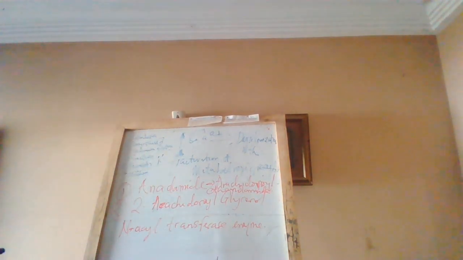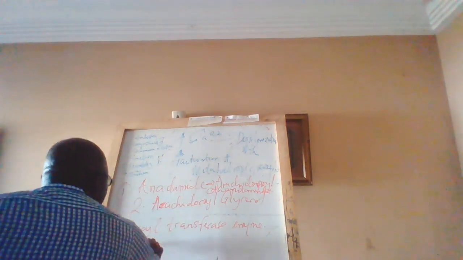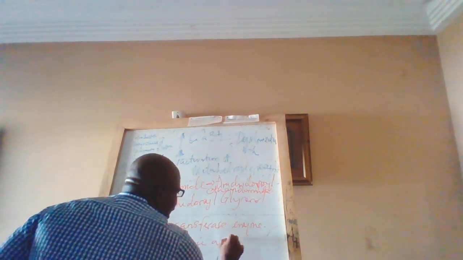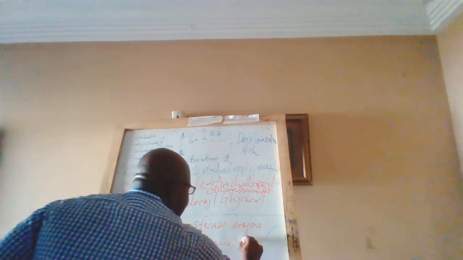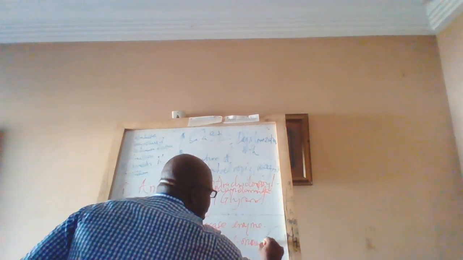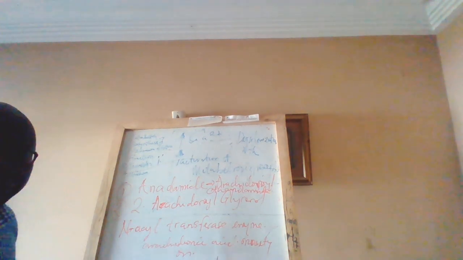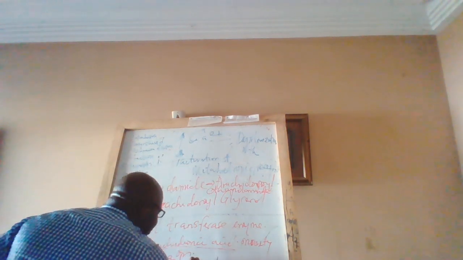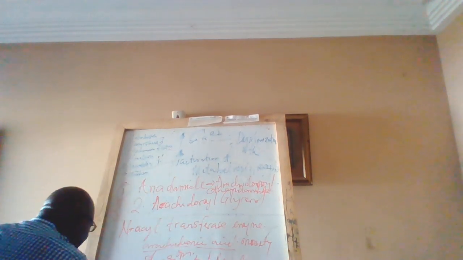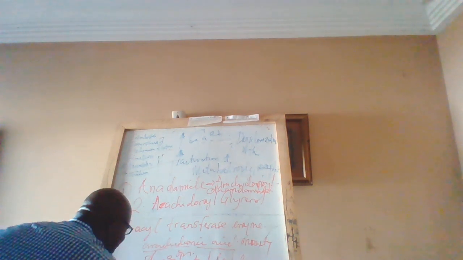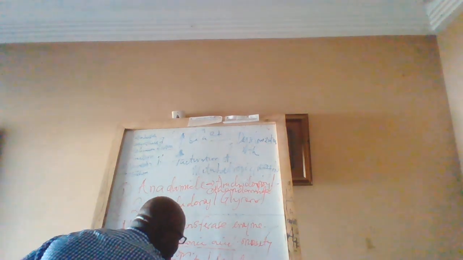N-acyl transferase enzyme is basically going to transfer the arachidonic acid moiety on phosphatidylcholine to the head of ethanolamine.